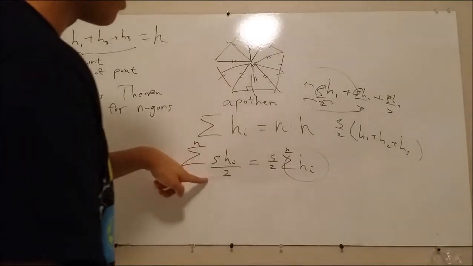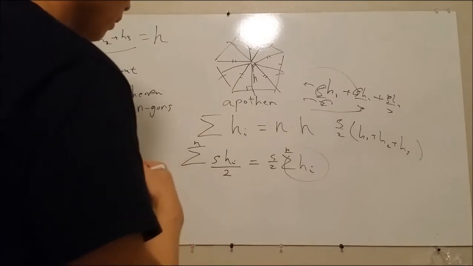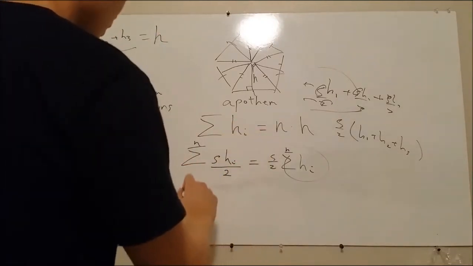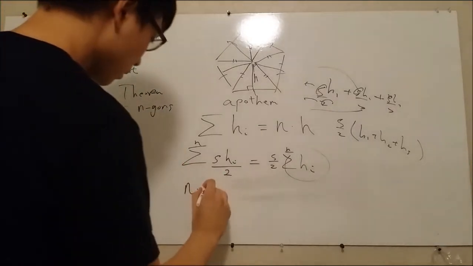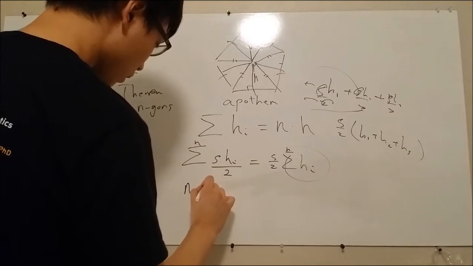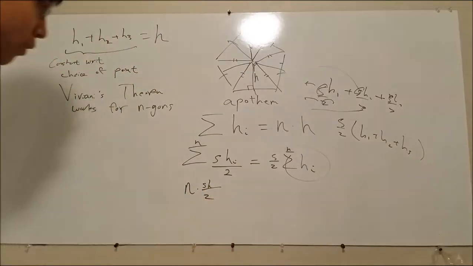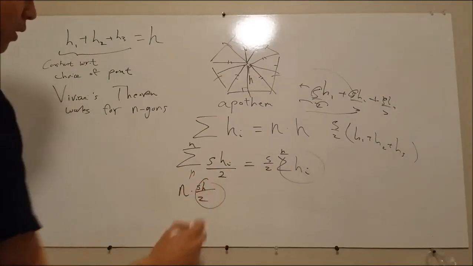But what do we know about the area of the triangles? The area of the triangles is simply n times side times height over 2. Why is this so? Where did I get this?